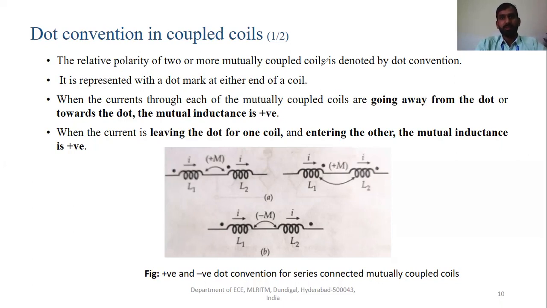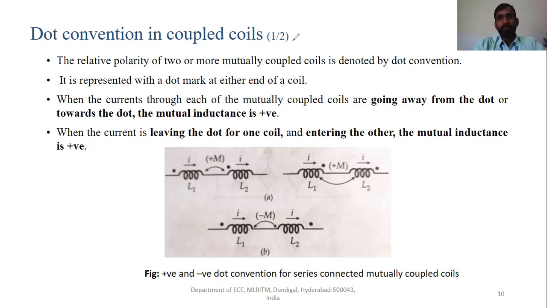So now coming to the dot convention. When we have defined the mutual inductance for a magnetically coupled circuit, the relative polarity of the mutual inductance M can be additive or subtractive.